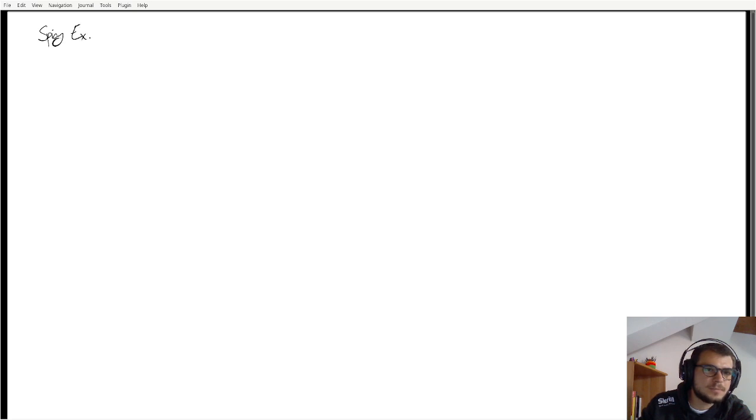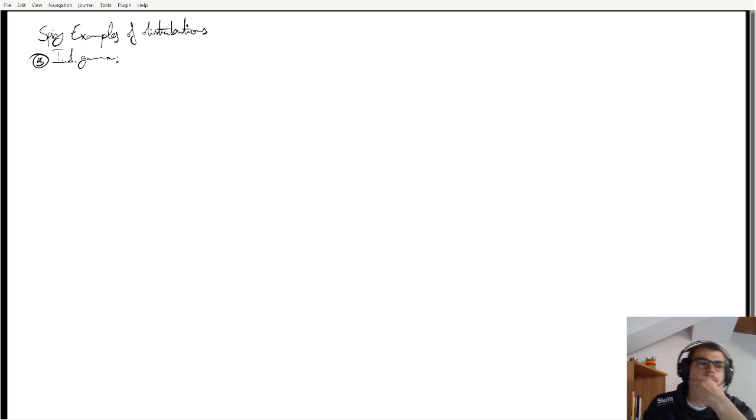Anyway, let's now get into spicy examples of distributions. And the first one, you can see this as a continuation of the previous ones: independent gamma random variables.